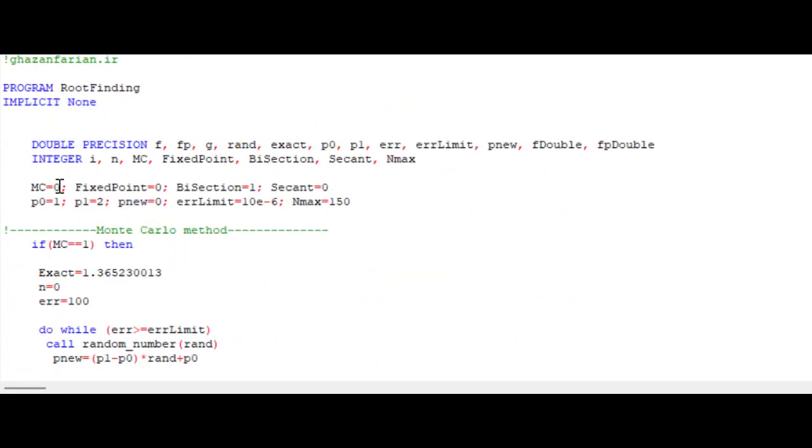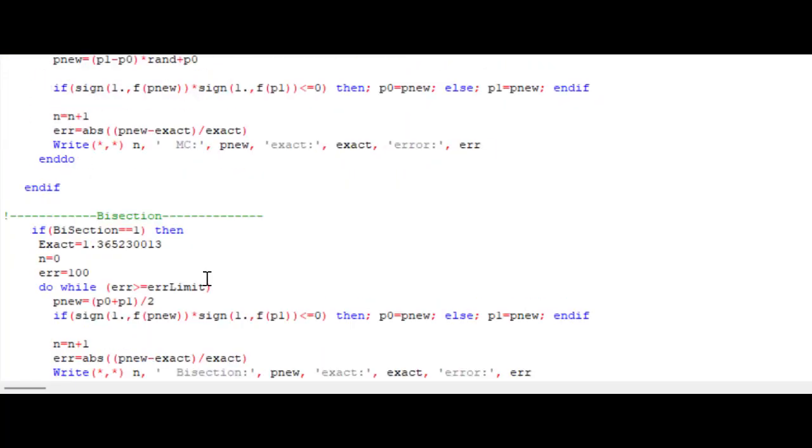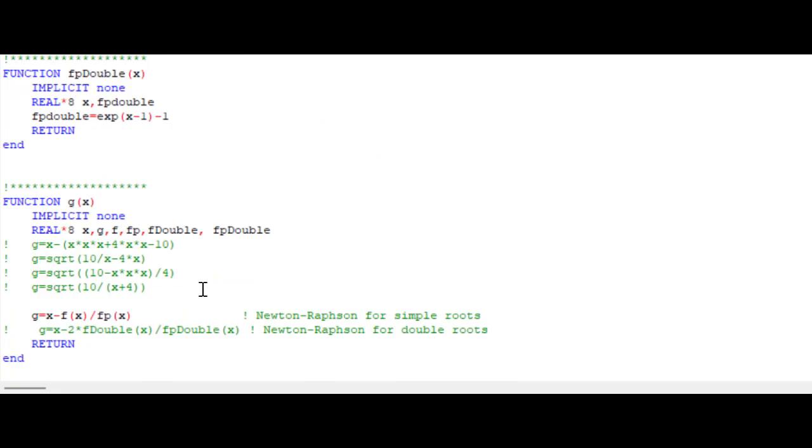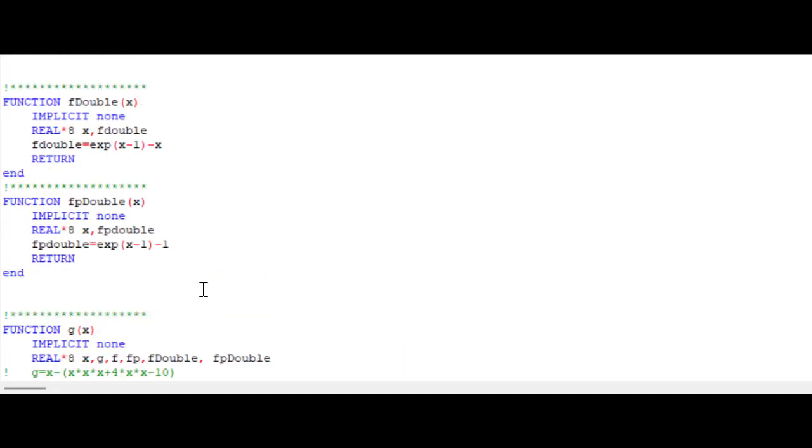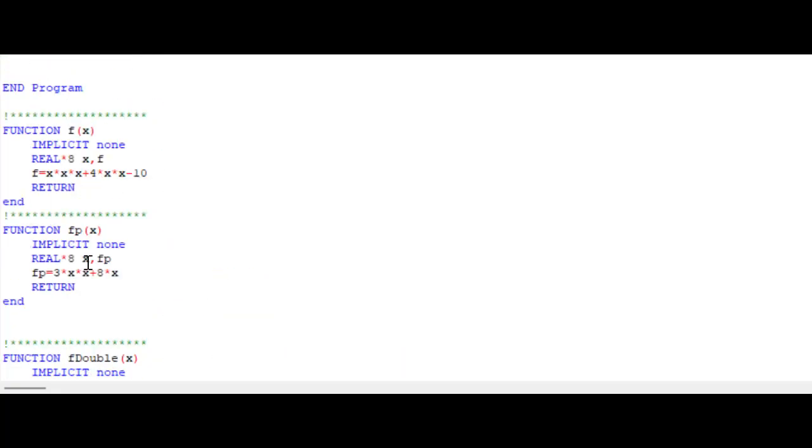The next one is the fixed point. As you know, the Newton-Raphson method is a special case of the fixed point. So here, at the end of my program, I need to compute the derivative of f, or f prime.